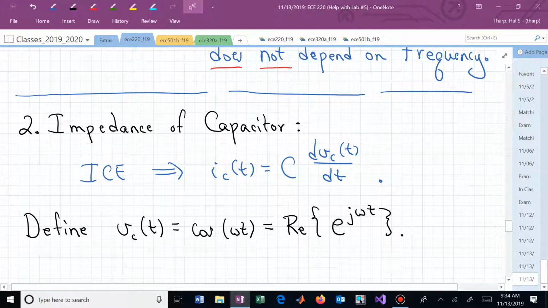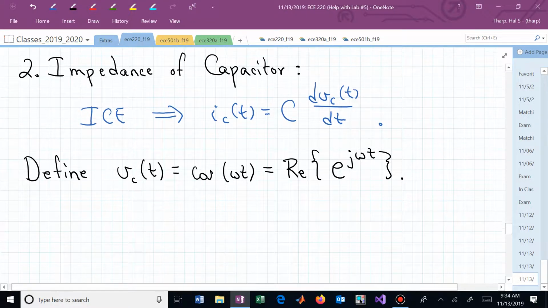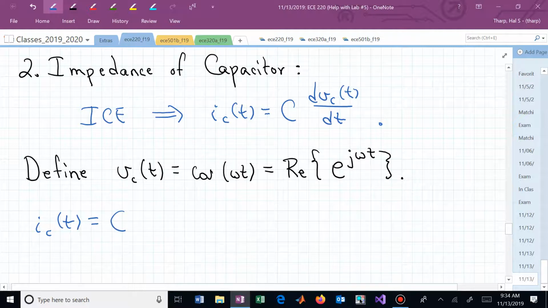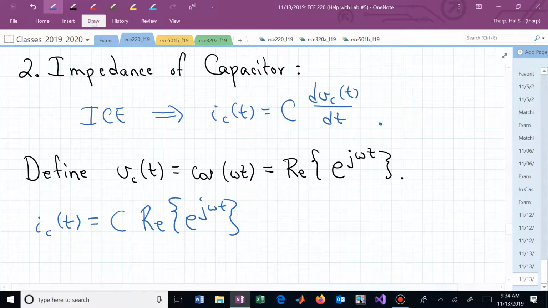We do have this differential relationship between current and voltage of a capacitor. If we now look at I sub C of t, that's now C times the real part of e to the j omega t, but now we need to actually differentiate that.